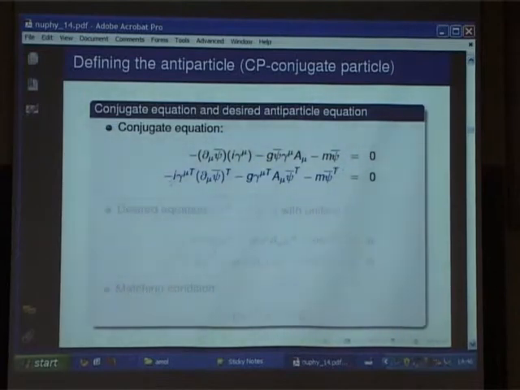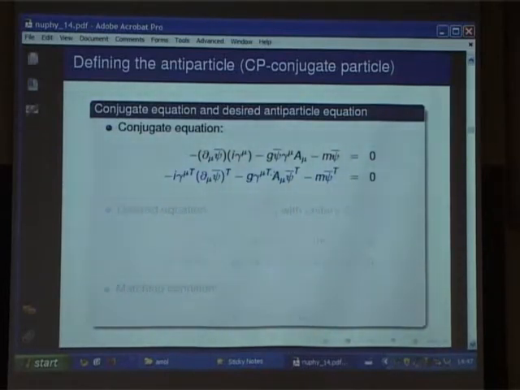So what I have got now is an equation that looks like I have some particle on the right hand side, a column vector, which is this psi bar transpose, and it satisfies an equation that looks somewhat like Dirac equation, but not exactly. We want to make this look like Dirac equation because we are looking for a particle which has some properties.